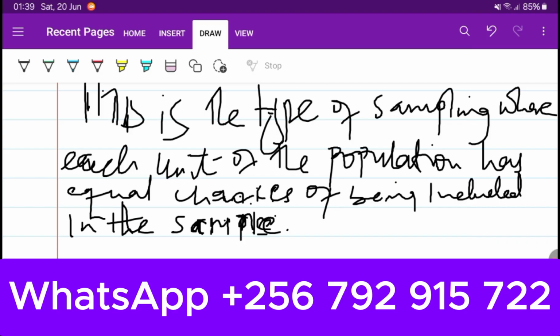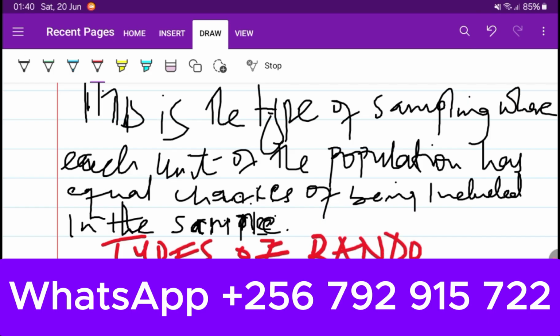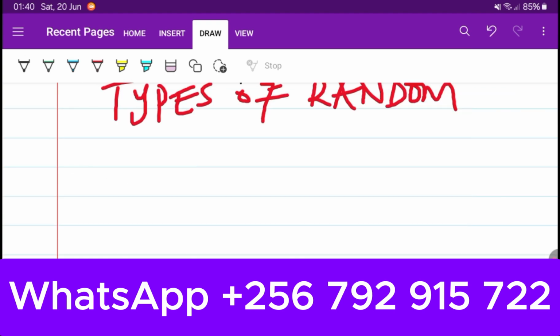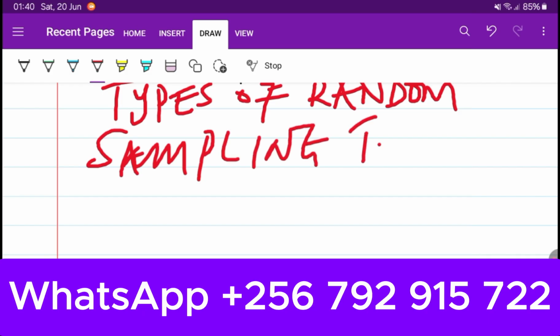So let's start off by looking at the types of random, or probability, sampling techniques.